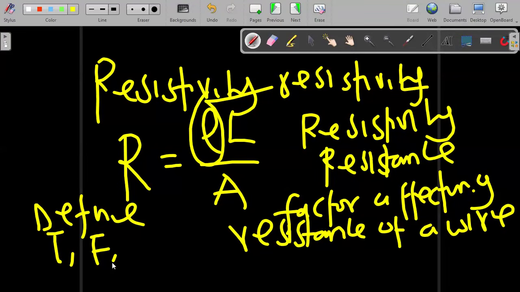I'll send the first one. I'll send the second one. Okay. You will see tomorrow, state 2 precautions you take during the experiment.